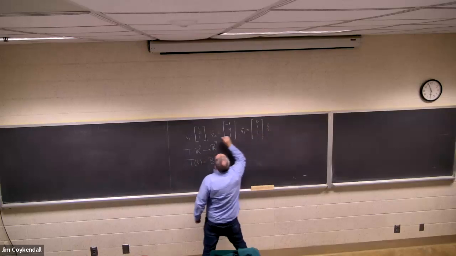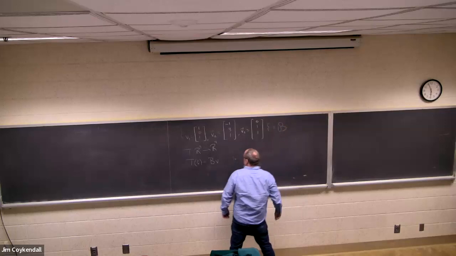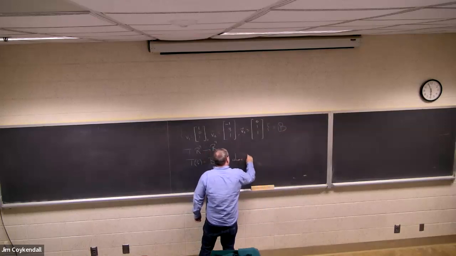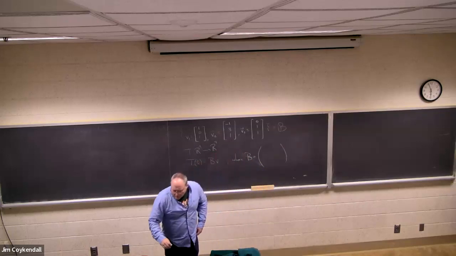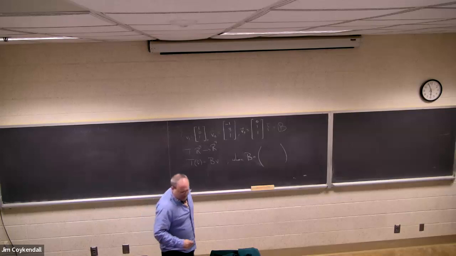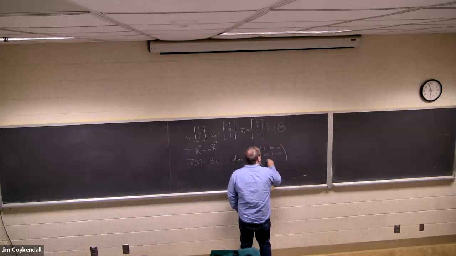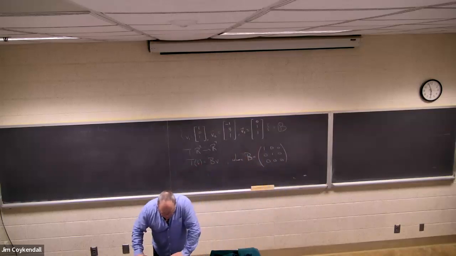Someone call this the basis B. This is the basis here. What is the matrix of this transformation in B coordinates?